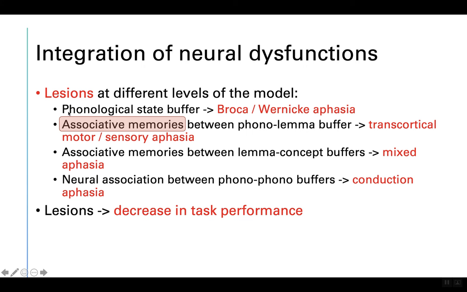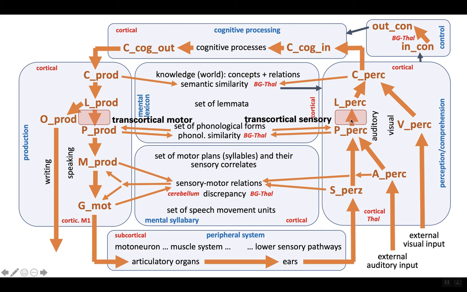We can introduce lesions as well to associative memories, for example, between the phonological and the lemma levels on both sides, which would lead to transcortical motor or sensory aphasias. Please keep in mind that these arrows represent associative memories. If we introduce lesions, ablations to neurons in these buffers, we get this transcortical motor or transcortical sensory aphasia.